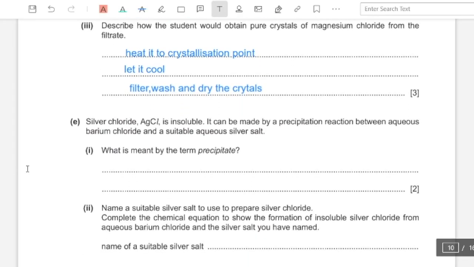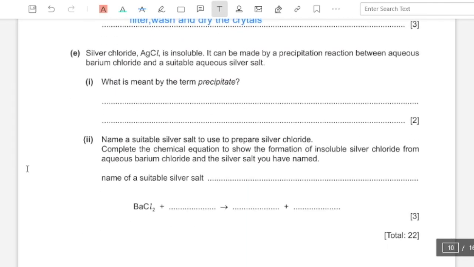Okay. E. Silver chloride is insoluble. It can be made by precipitation reaction between aqueous barium chloride and a suitable aqueous silver salt. 1. What is meant by the term precipitate? Well, it is a solid which forms when two solutions react.